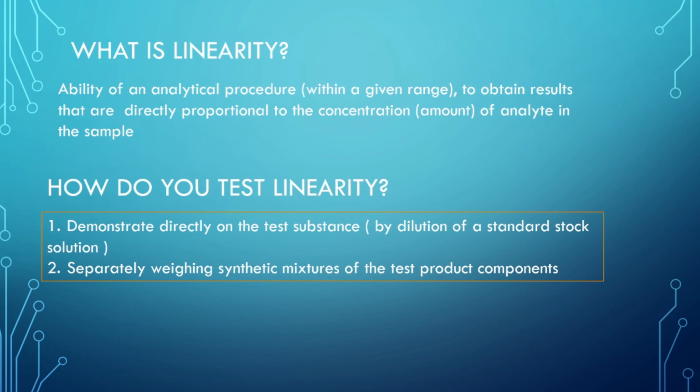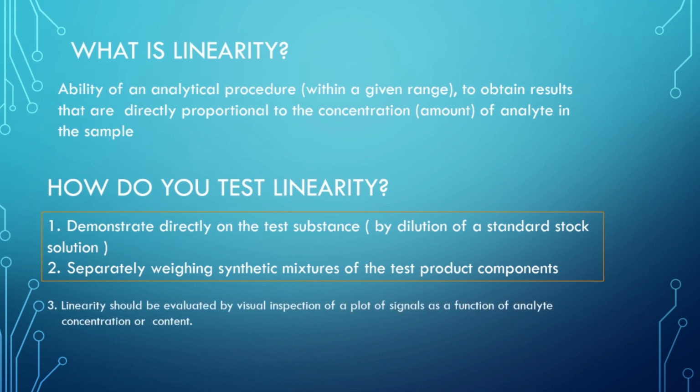How do you test linearity? There are two ways to check the linearity. One, we keep the test sample concentration constant, and then you spike with different concentrations of standard. Another way, you are not adding the standard into a test matrix, but you are changing the concentration of the test matrix.